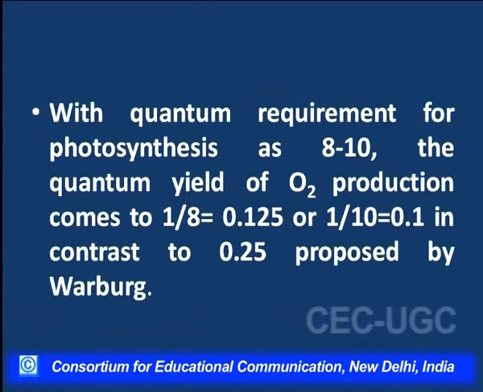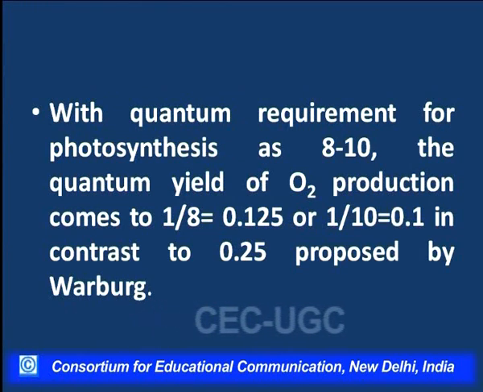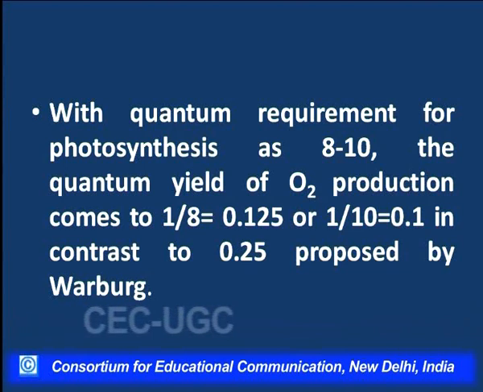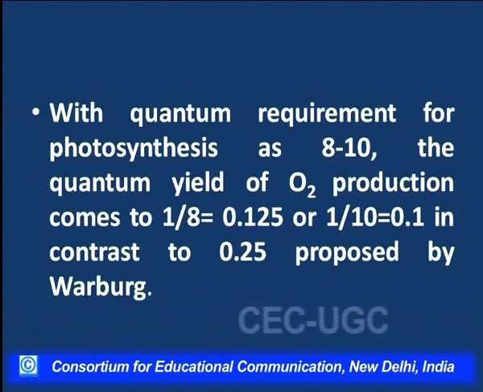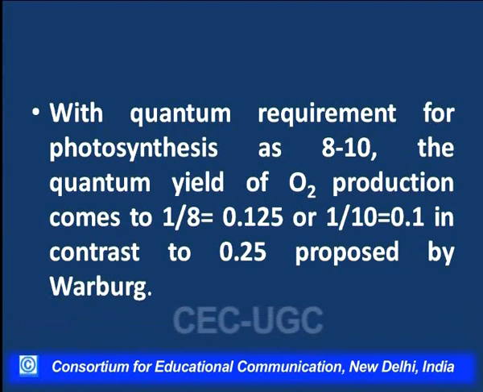So if we take the modern concepts into consideration, the quantum requirement should be taken as between 8 and 10. The quantum yield, as Warburg said, was going to be 0.25, but from the modern point of view, we don't divide 1 by 4, we divide 1 by 8 or 1 by 10. So the quantum yield would be 0.125.